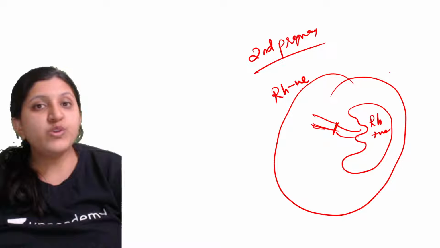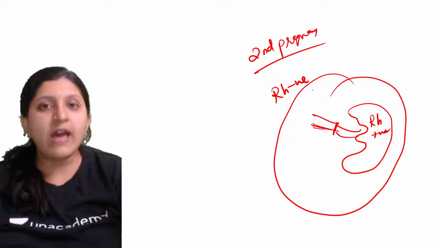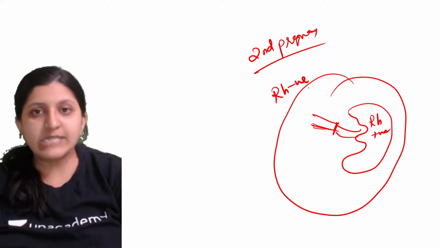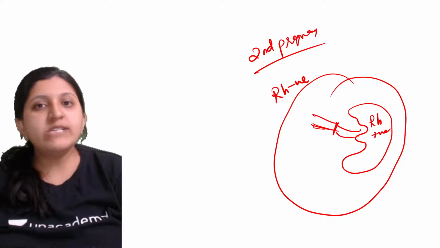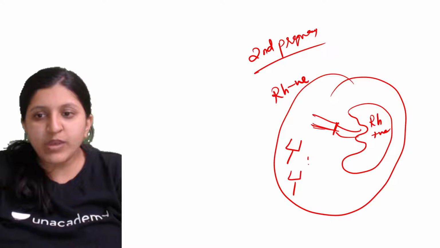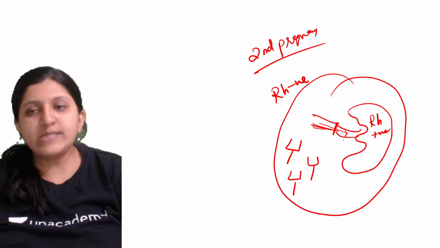As you know, during the first pregnancy, the mother was actually unaware about the RH type of antigen, and during the delivery, mixing of blood occurred. So now this mother has developed the antibodies in her body. These antibodies can easily pass through these barriers.